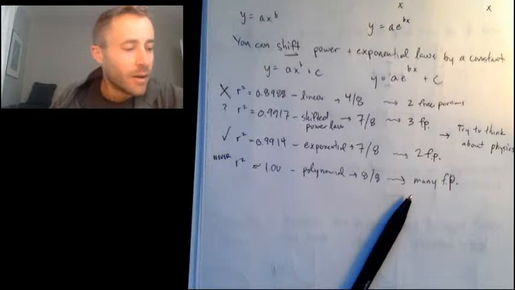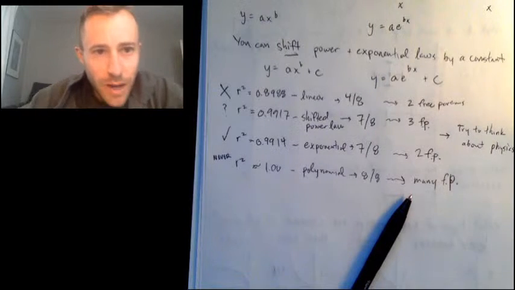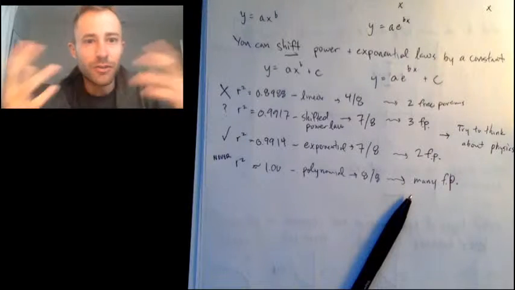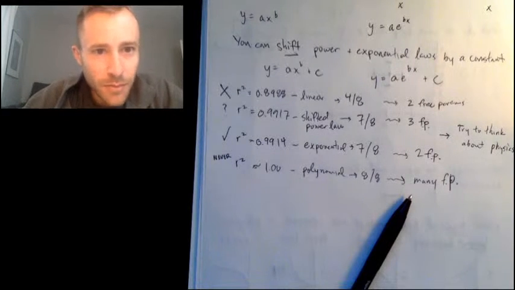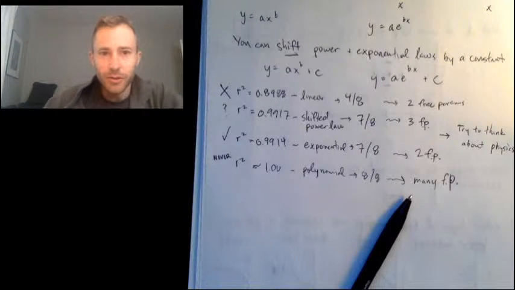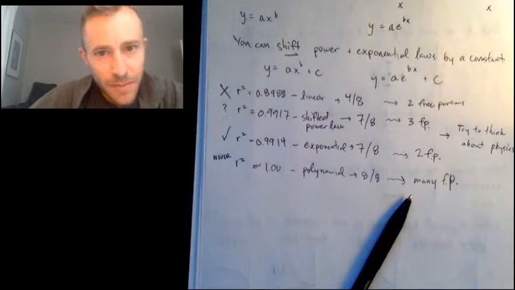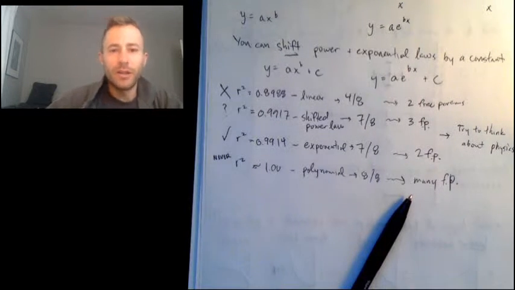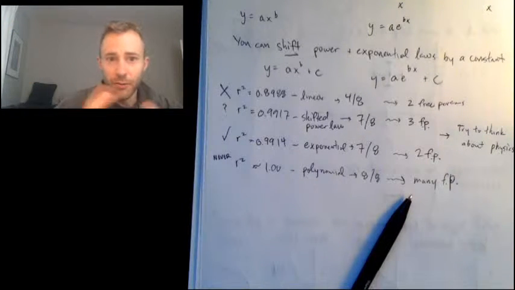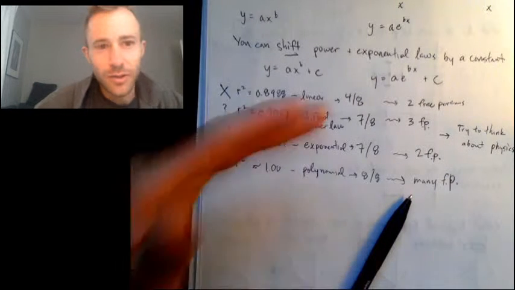But the thing is that you have no reason to expect that the best fit for your data is going to be some random polynomial. Nature very rarely produces random polynomials as the best fit. So my point in talking about this is that some random polynomial with 10 free parameters is always going to match your data better than anything else.